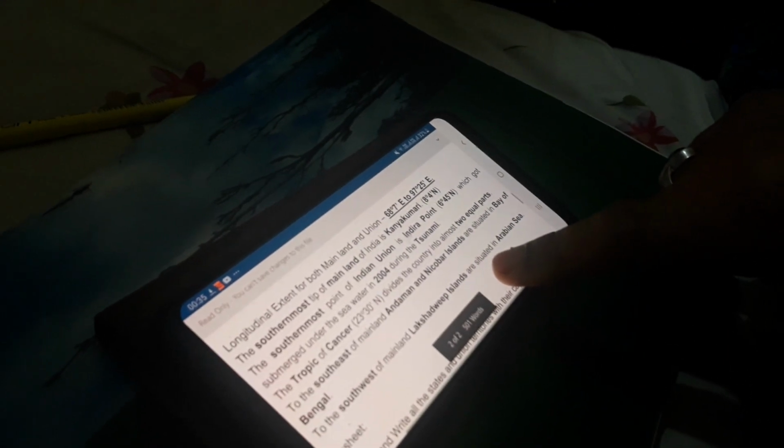Already I mentioned the degree, 8 degree 4 minutes north. And southernmost point of Indian Union is Indira Point, that is 6 degree 45 minutes north, which got submerged under the sea water in 2004 during the tsunami. Hopefully, you people are aware of this natural disaster.